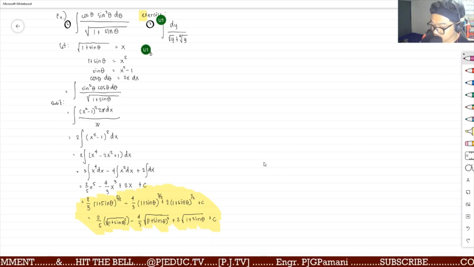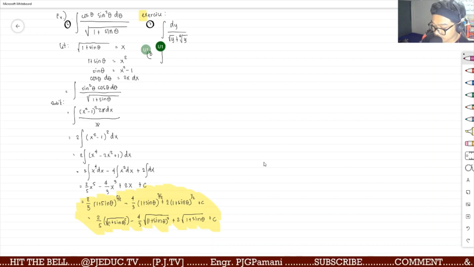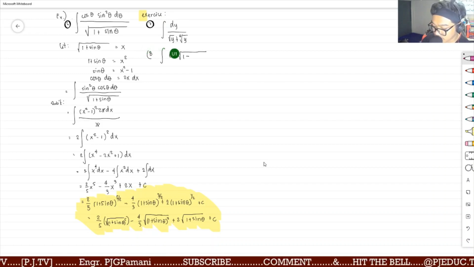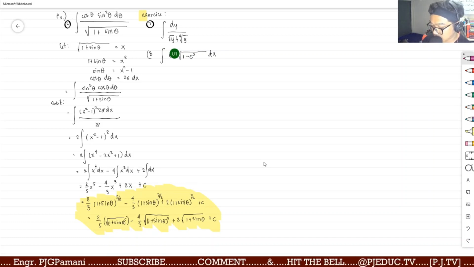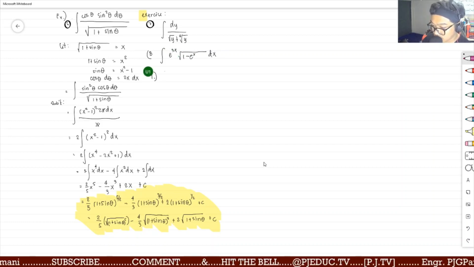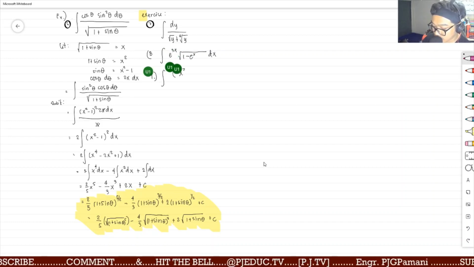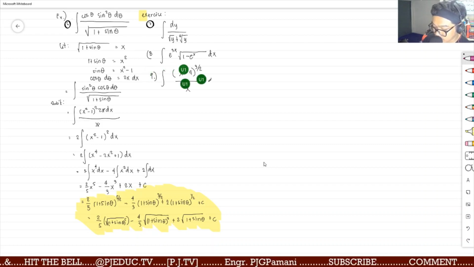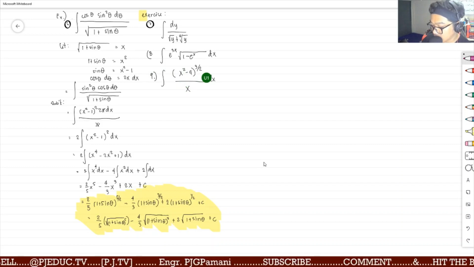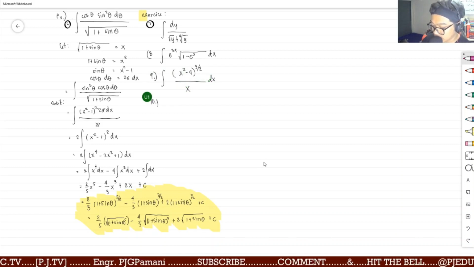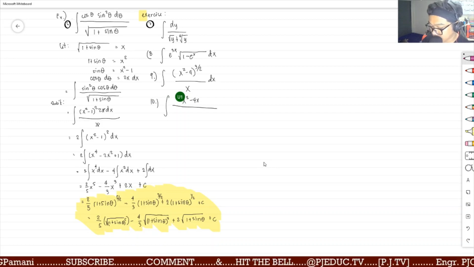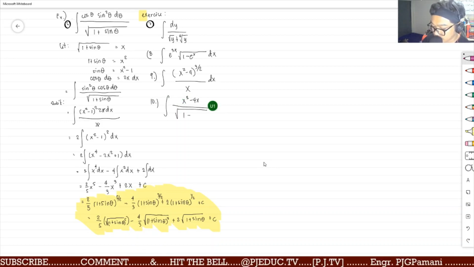For 8, integral of e raised to 3x times the square root of 1 minus e raised to x dx. And number 9, integral of x squared minus 4 raised to 3/2 over x dx. And lastly, the integral of x cubed minus 4x all over square root of 1 minus 4x dx.